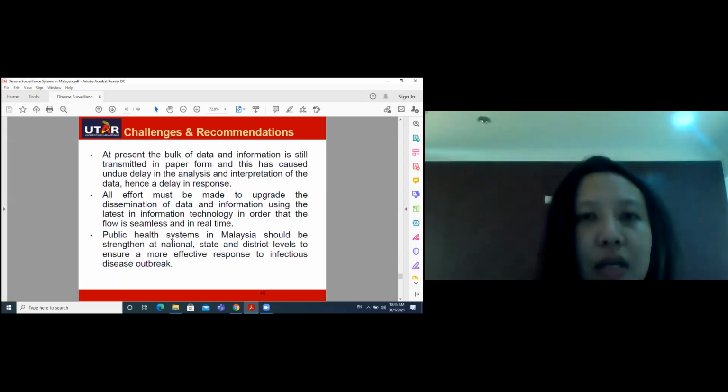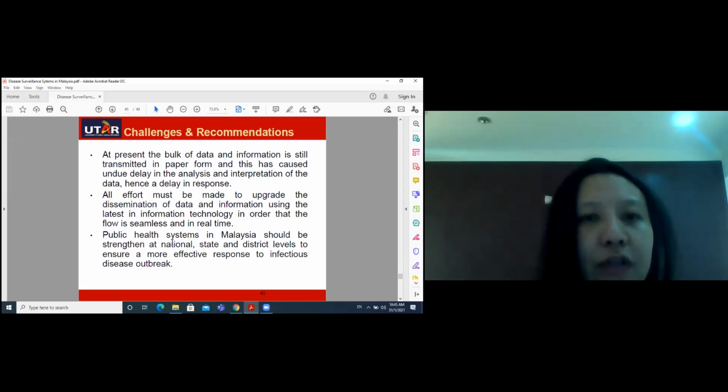So the challenges for the disease surveillance system in Malaysia. At the moment, a bulk of data and information is still transmitted in paper form. This has caused undue delay in the analysis and interpretation of the data, so you will have a delay in the response.